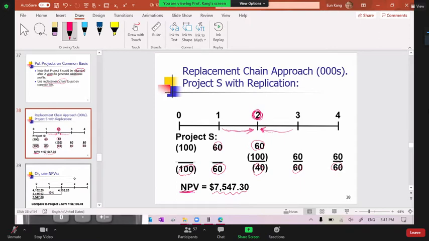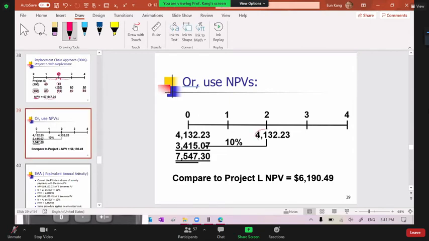So you can do like this, or if you do it again in year 2, if you had calculated NPV, you can use the same NPV here, but that's year 2 value. So you discount for 2 years, and you get this one, same approach, right?